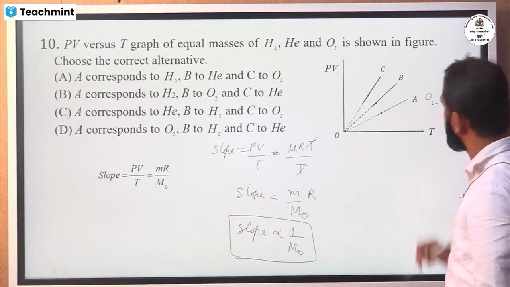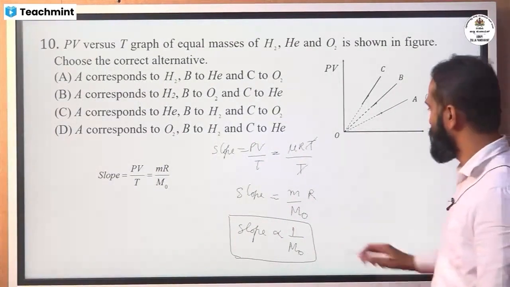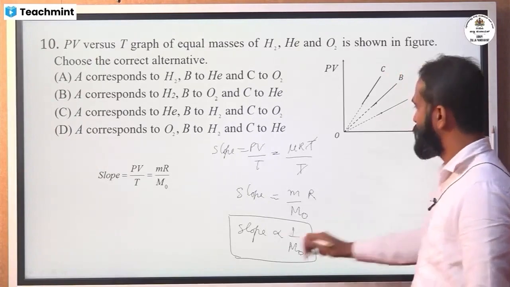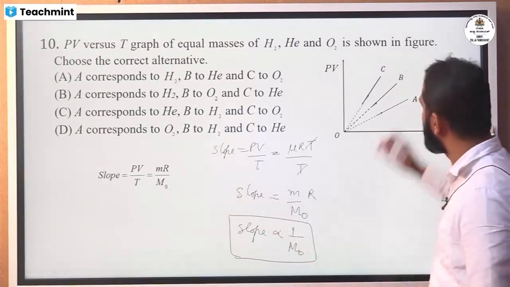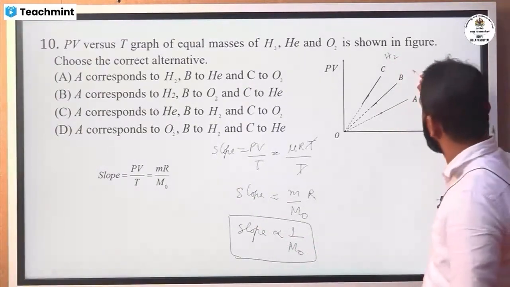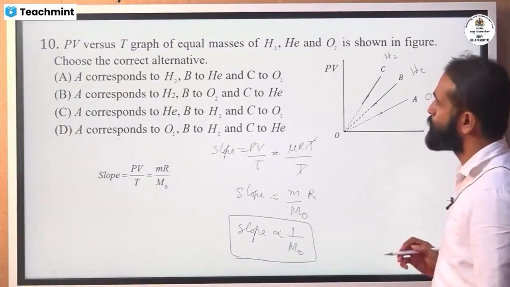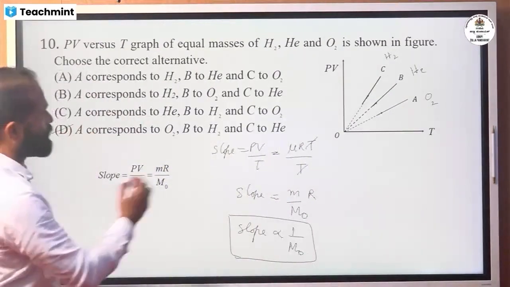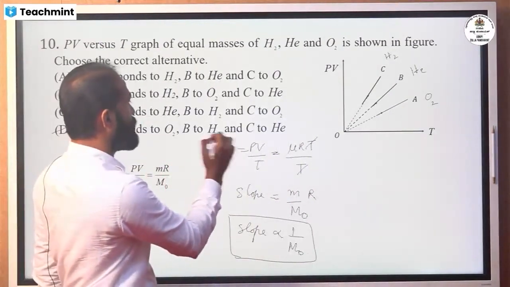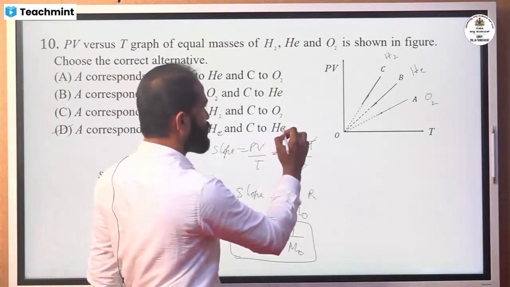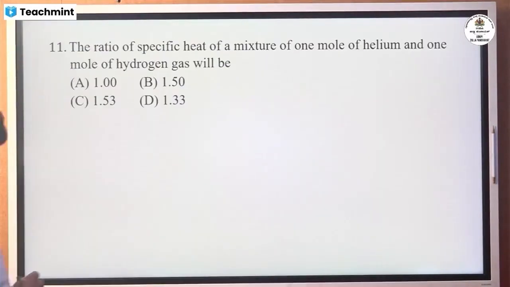That should correspond to O2. Similarly, line C has the maximum slope, so its molar mass should be minimum. This should correspond to H2 and the other one should correspond to helium. So that gives option D as the right option. One small correction is required here. B should correspond to helium, and C should correspond to hydrogen, H2.